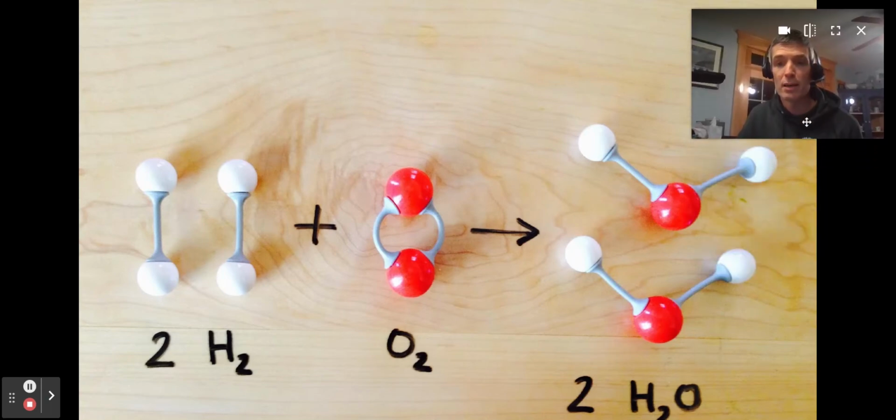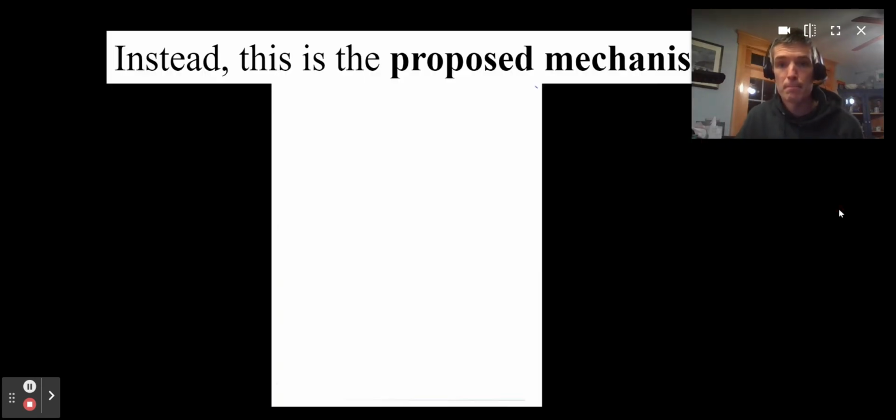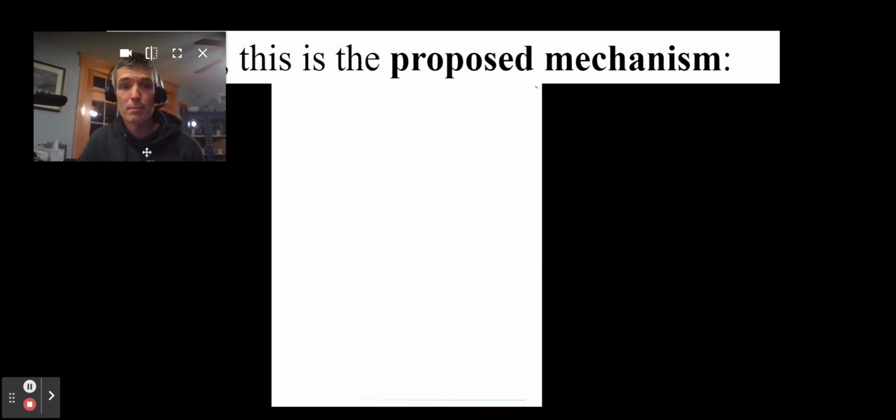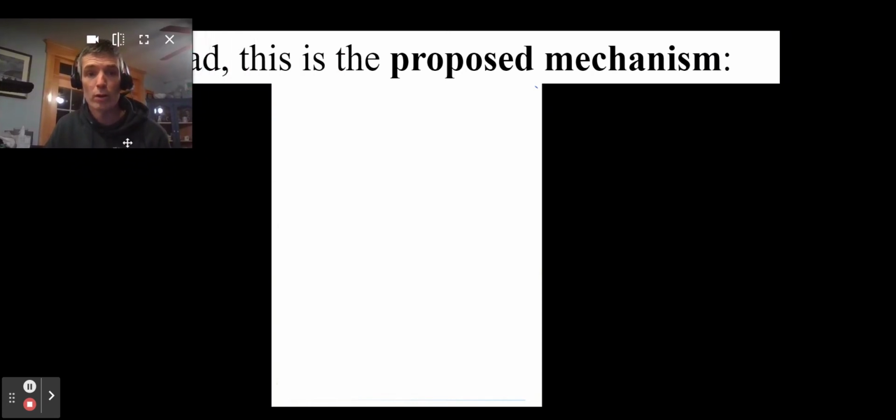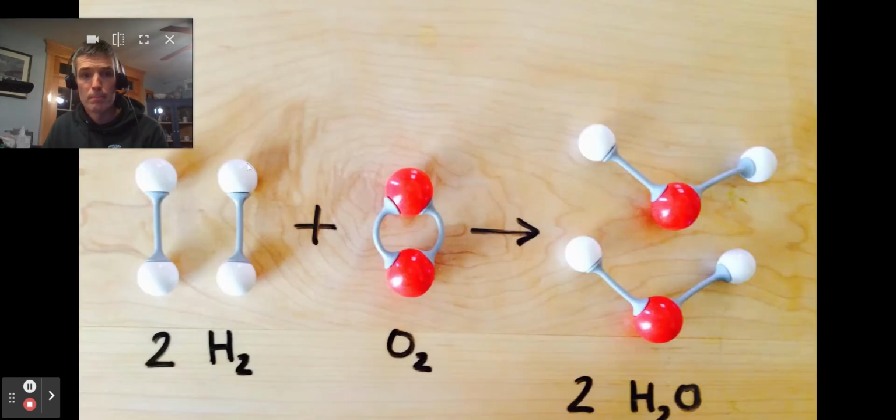To give you an idea of what an elementary reaction is, here is a proposed mechanism for water. I'm going to go back real quick. I didn't really talk about this. I put two hydrogen together with one oxygen and make two water molecules. That's what goes on. You've seen it happen.